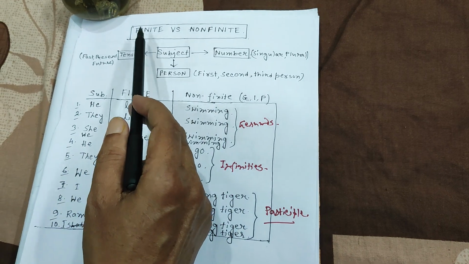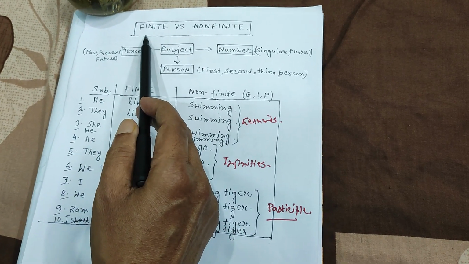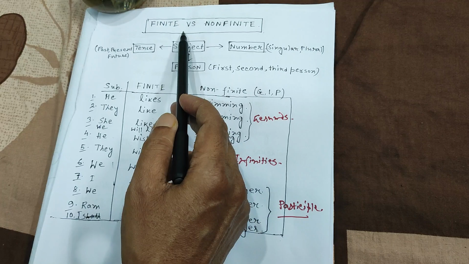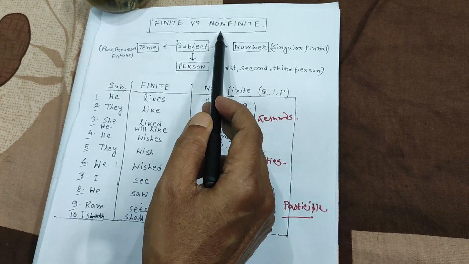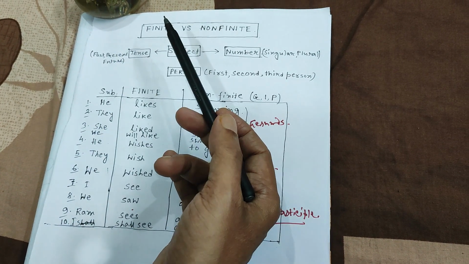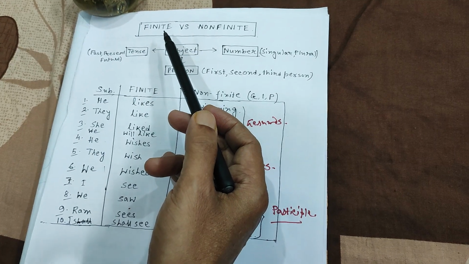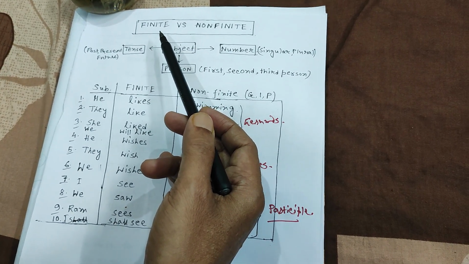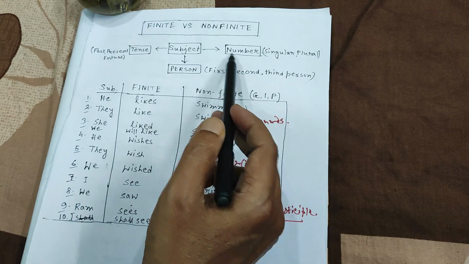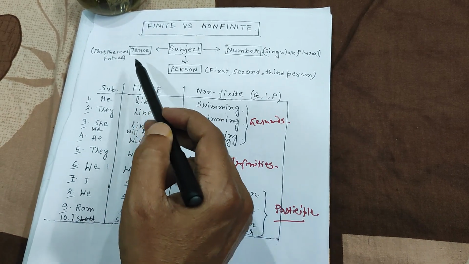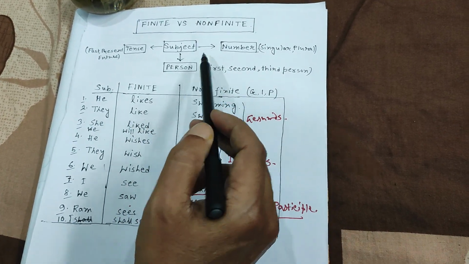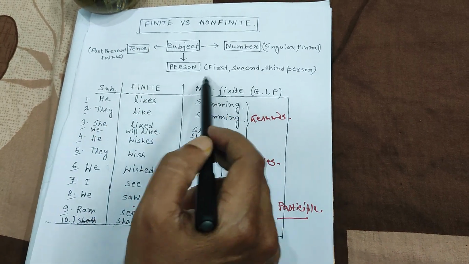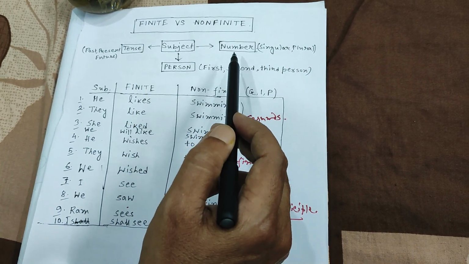Now, a finite verb is a verb that has a finite or limited agreement with the subject. There are three defined parameters on which this limitation is fixed. What are they?